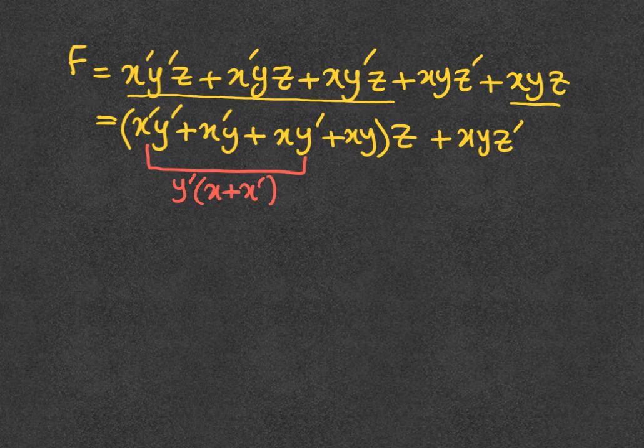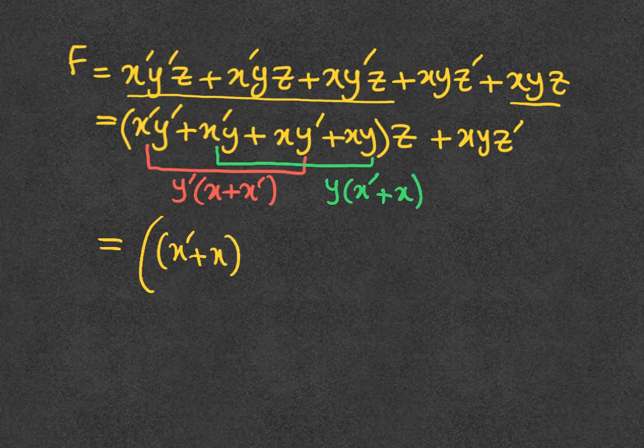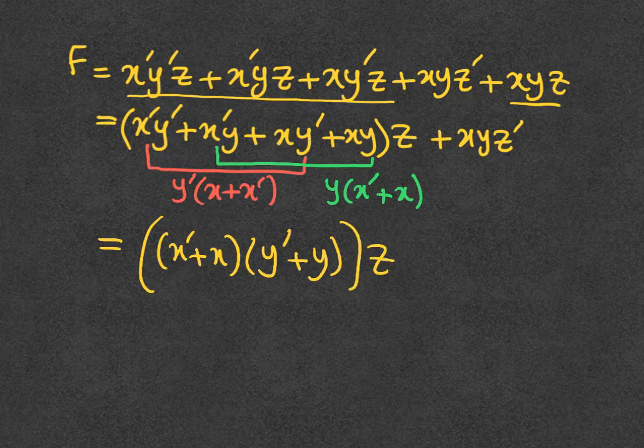And for these two, you factorize y, you get x prime plus x. And basically you get x prime plus x, y prime plus y, multiplied by z, plus x, y, z prime.